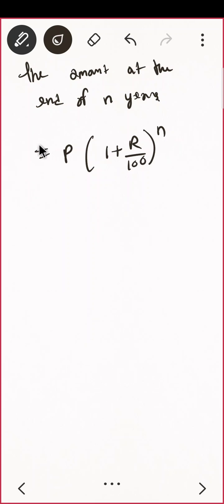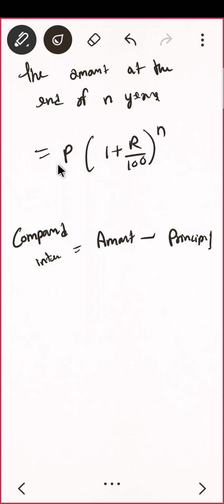This will be your amount. And if somebody wants to find the interest, then you have to subtract amount minus principal. So that is, if you want to calculate compound interest, it will be amount minus principal.